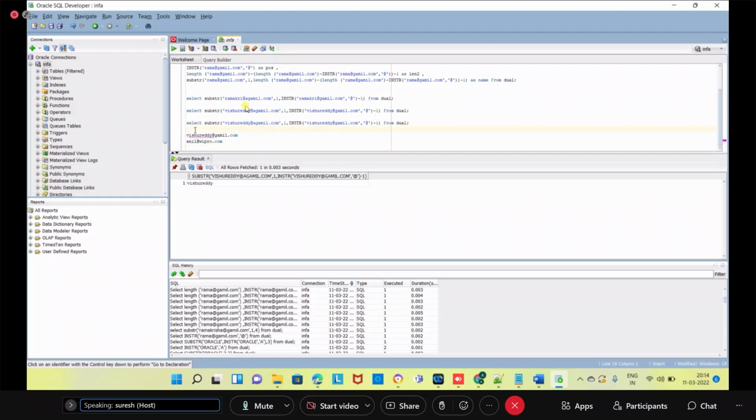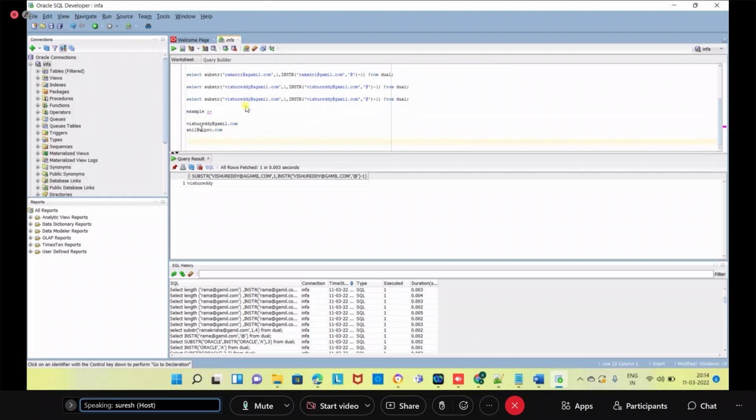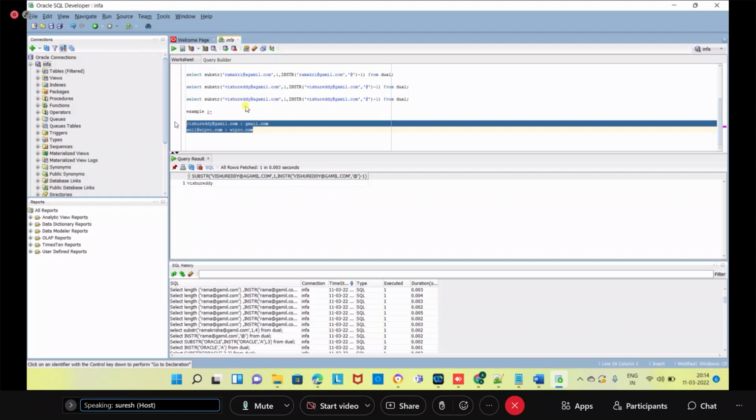This is a simple example. You people have to answer in the next class. I have given you an example to identify the name of the person by looking at the mail IDs. So in tomorrow's class, anyone can answer to give me their .coms. From the at the rate onwards, Vishnu Reddy is following gmail.com, and Anil is following wipro.com. So in this way I need the output. Try yourself tomorrow.